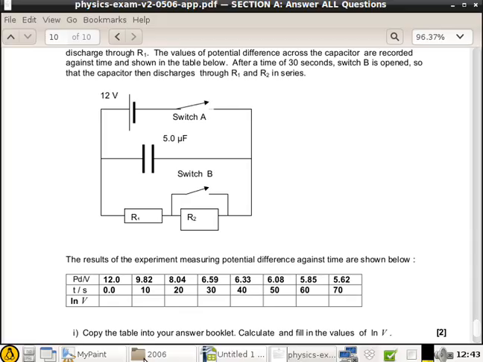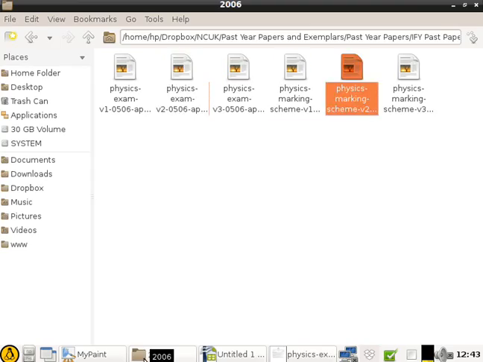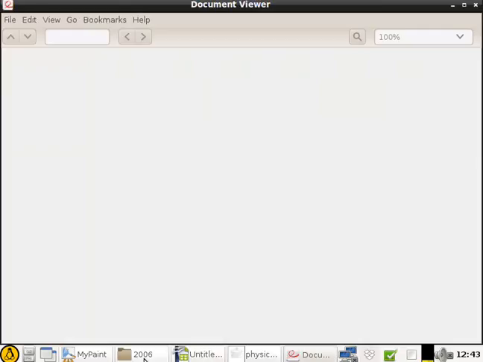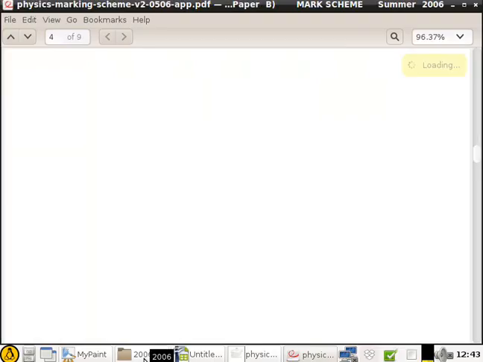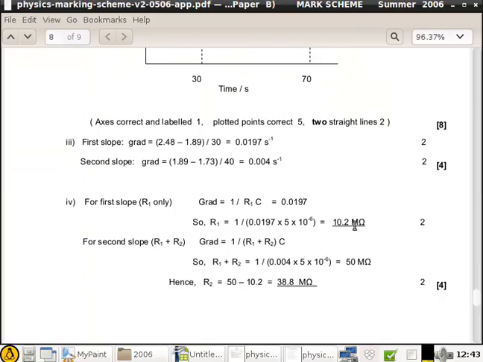Yeah, 20 marks. So let me just see how accurate we were. I would be amazed if we were close to the answer because we didn't do this on proper graph paper. We just judged by our eye. What did we get for R1? 8.7. And then for R2? Okay, it's not too bad.